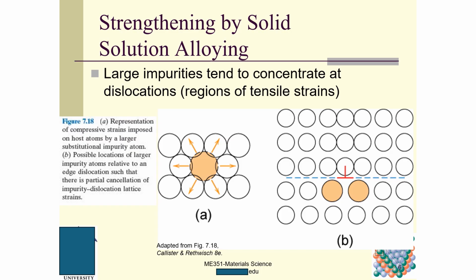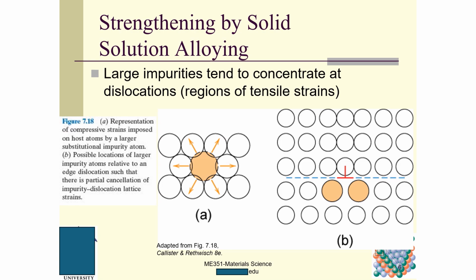For larger impurities, large impurities tend to concentrate at dislocations in regions of tensile strain, because this one is larger. In this area, we have the tensile strain. This first picture is a representation of compressive strains imposed on host atoms.